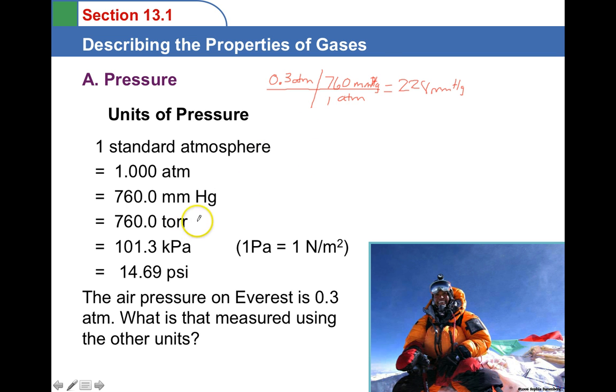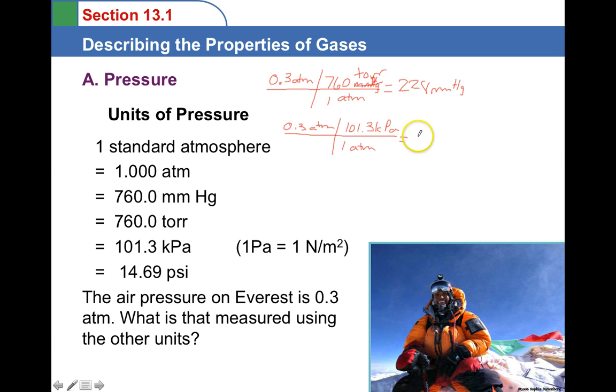If we do torr, it's going to be the exact same thing, only cross out millimeters of mercury and put torr, because torr and millimeters of mercury are equivalents. What about kPa, kilopascals? 0.3 atm, we don't want atm. 1 atm is equal to 101.3 kilopascals.